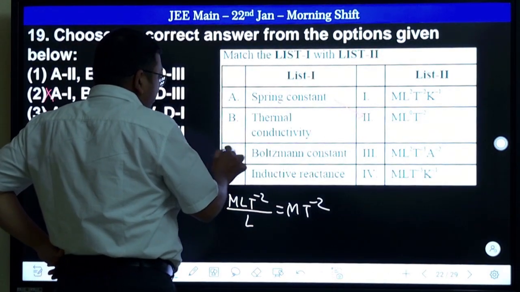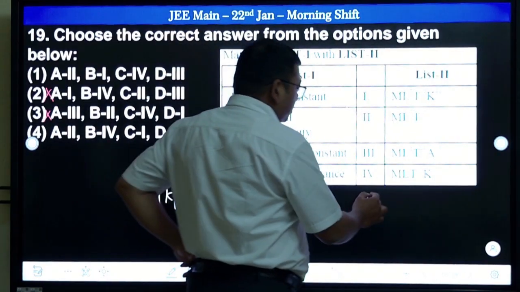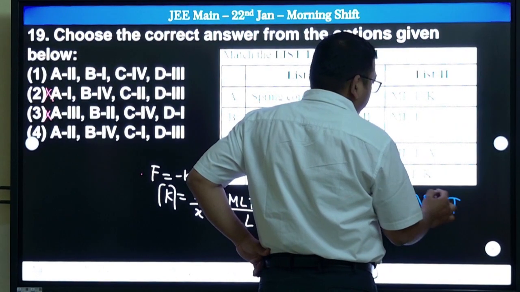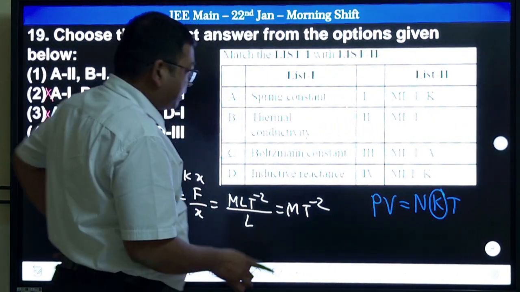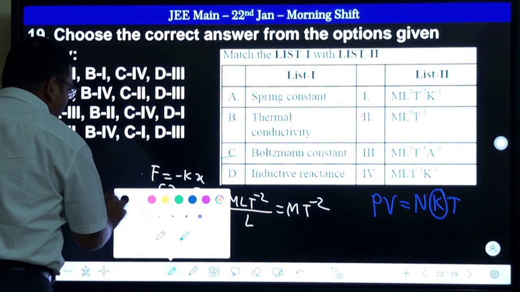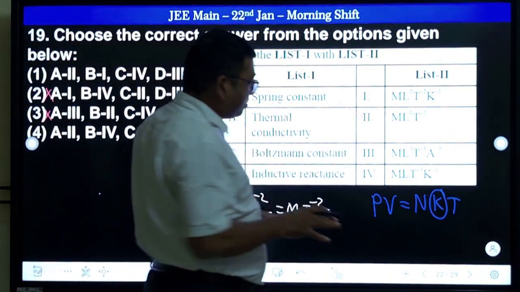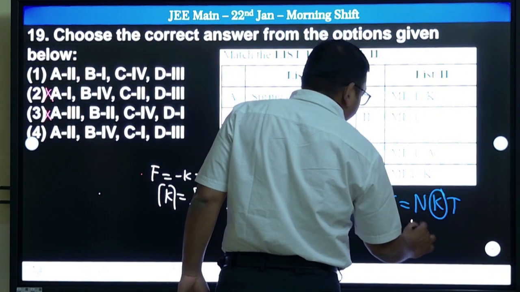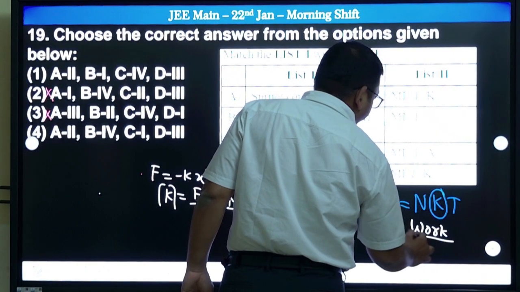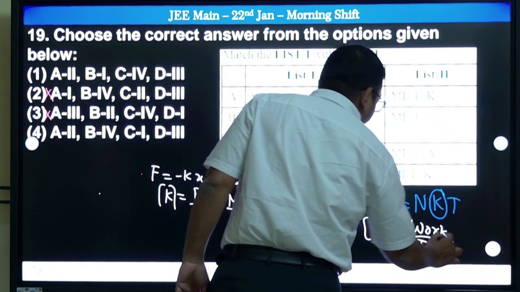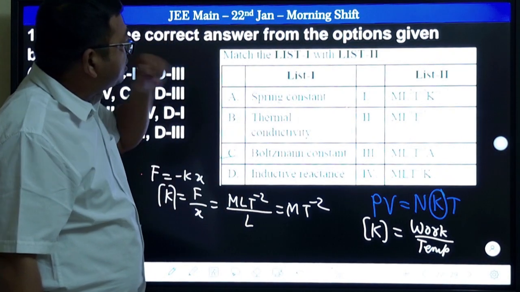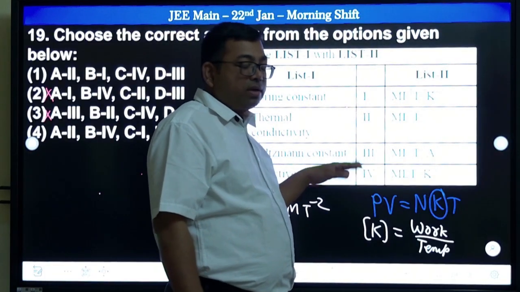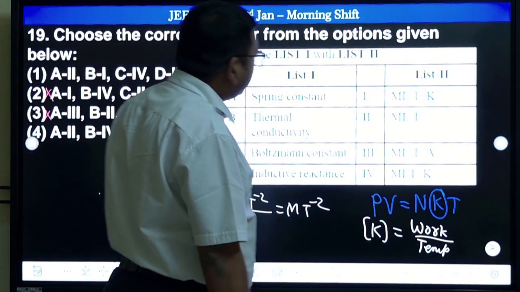If I take C, it will be easier because for the Boltzmann constant, PV is equal to NkT, right? This k is what we have to calculate. PV is nothing but work. We already know PV is nothing but work. So the dimension of k will be work divided by temperature. Work is ML^2T^-2, right, divided by temperature.